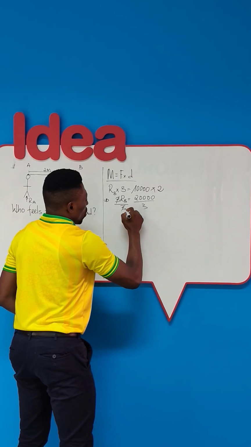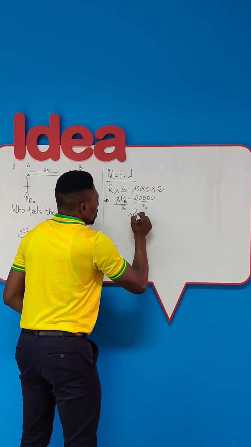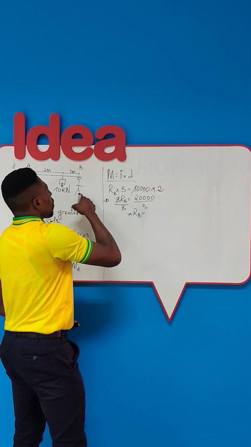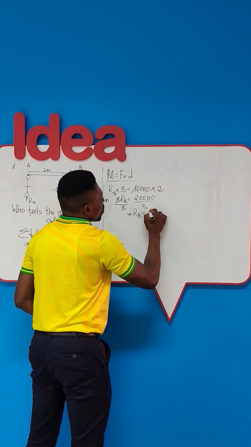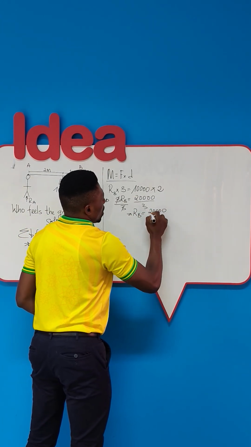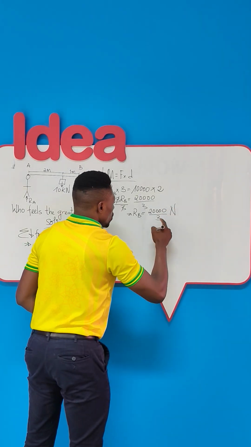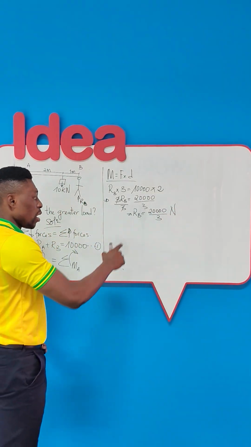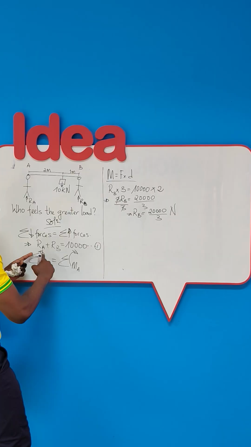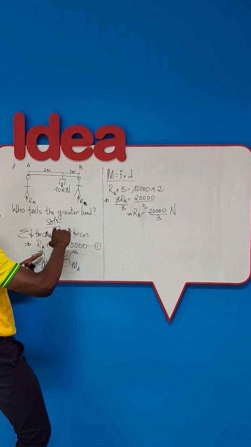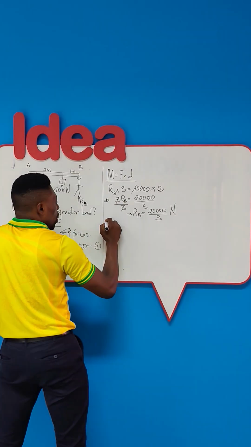This implies that RB, the reaction on the floor of worker B, is going to be equal to 20,000 over 3. You can leave it as a fraction if you don't want decimal values. And don't forget the units, Newton, because it's a force. Now with this value of RB, we just substitute it in equation 1 and find RA.